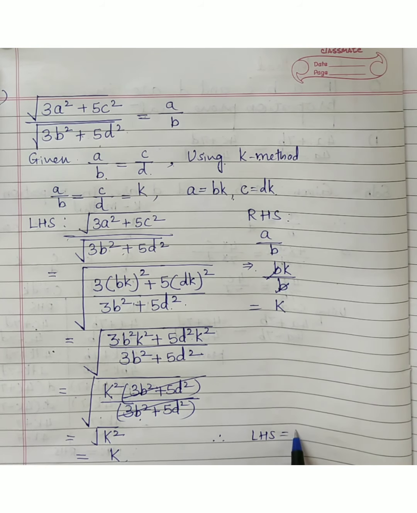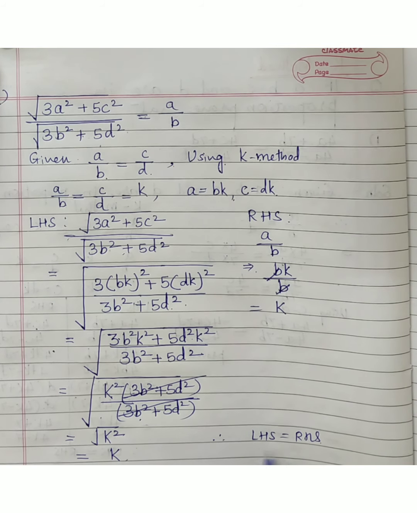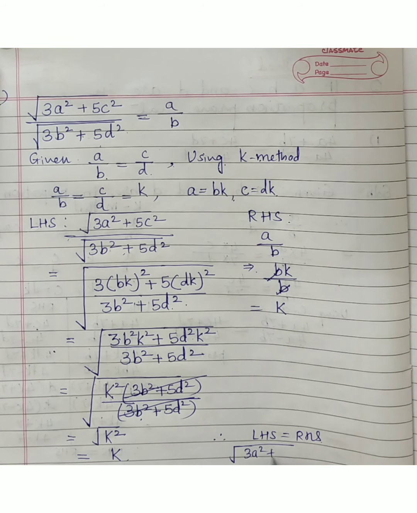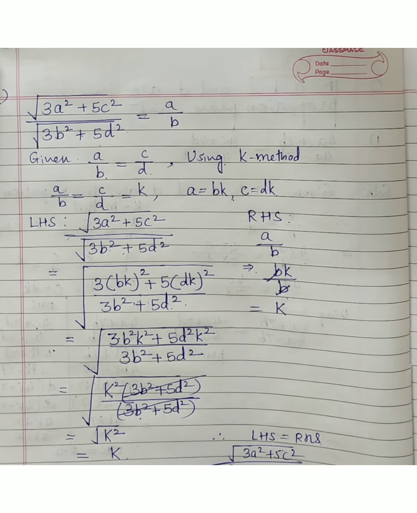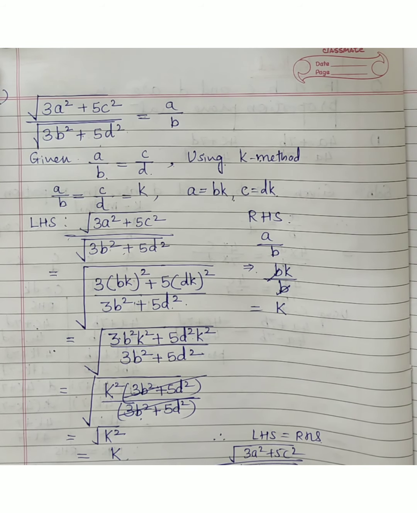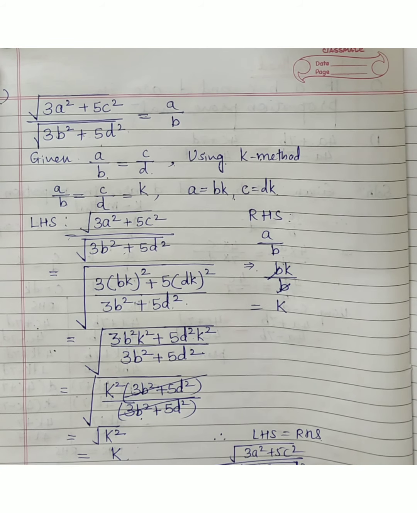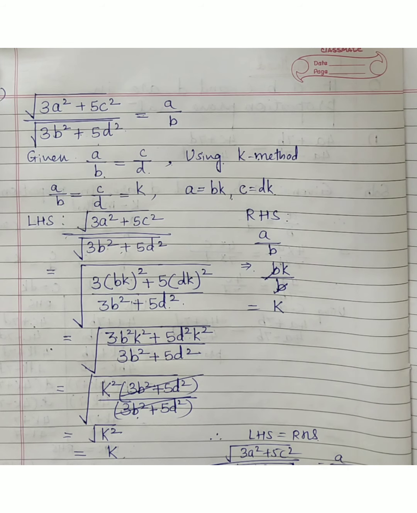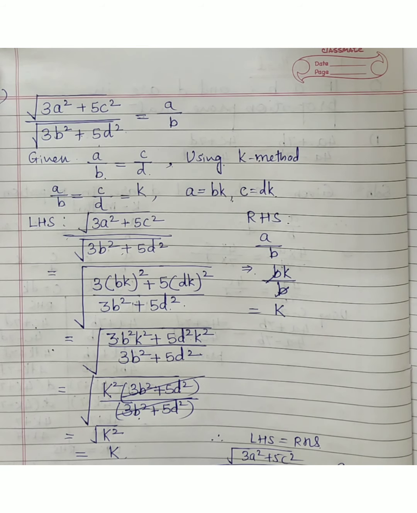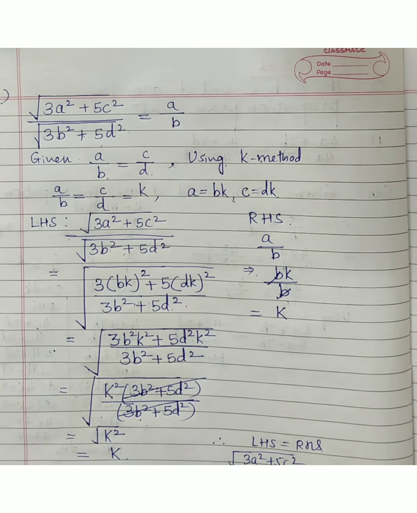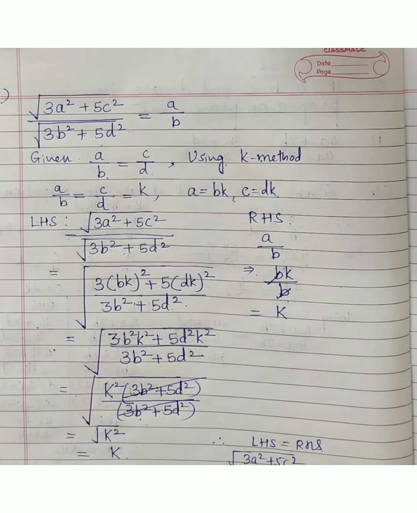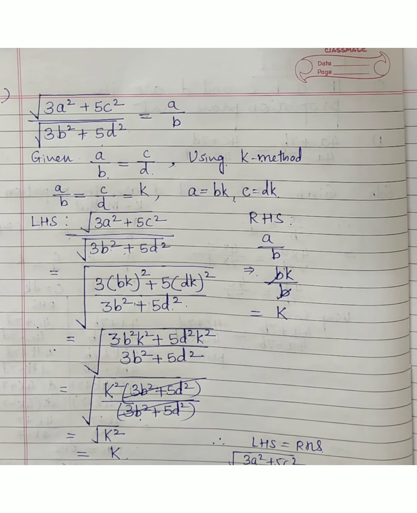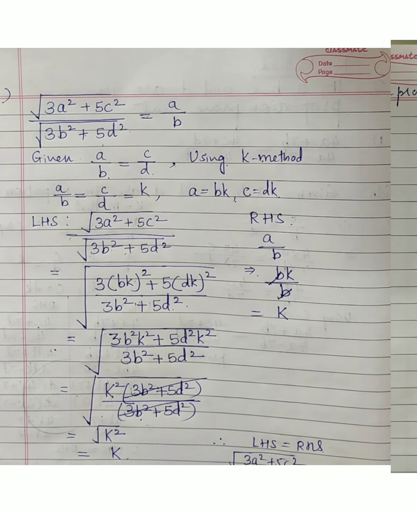LHS equals RHS, which proves that root 3a square plus 5c square upon root 3b square plus 5d square is equal to a upon b. Final step. So have you understood where it is importantly you can use the k method? Okay. Say another question.